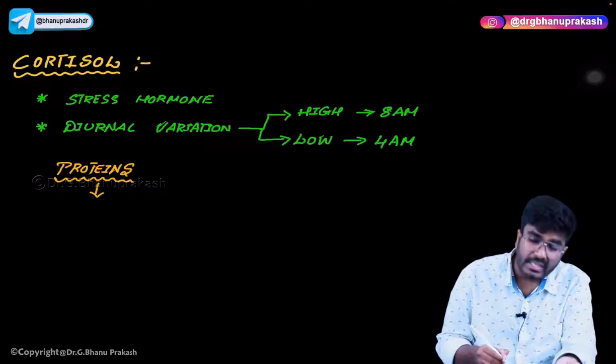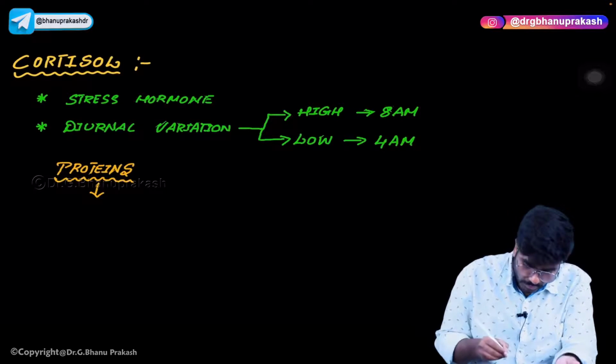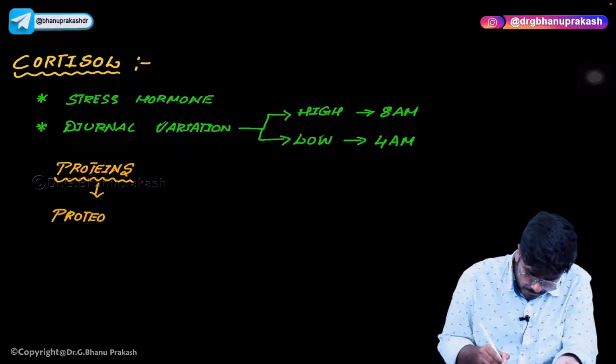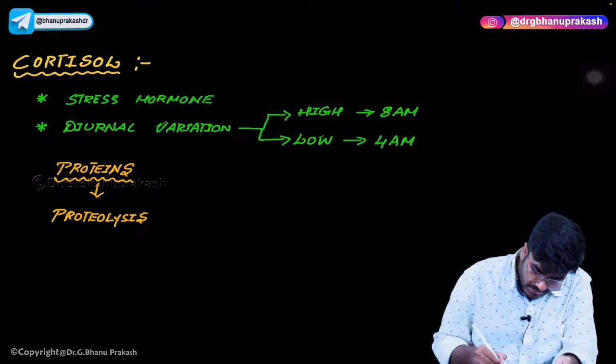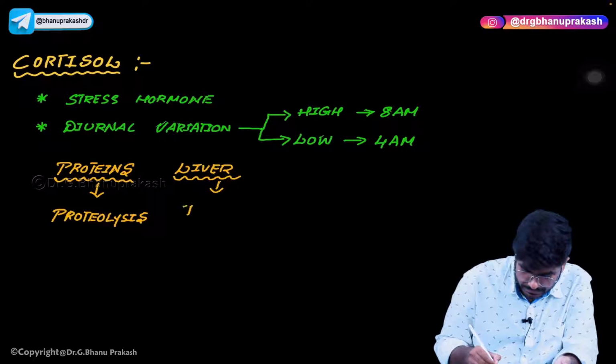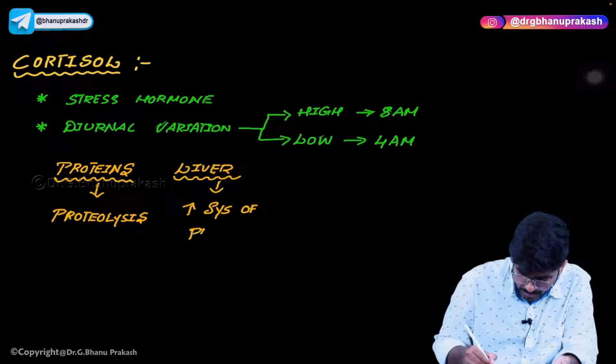So, proteins especially in the muscles are going to undergo broke down, that is proteolysis will happen on muscles. But if the cortisol is acting on liver, it helps in production of plasma proteins, increases the synthesis of plasma proteins.